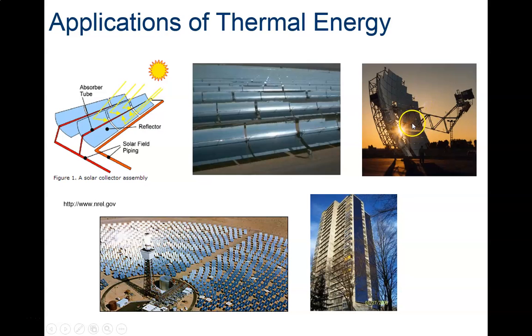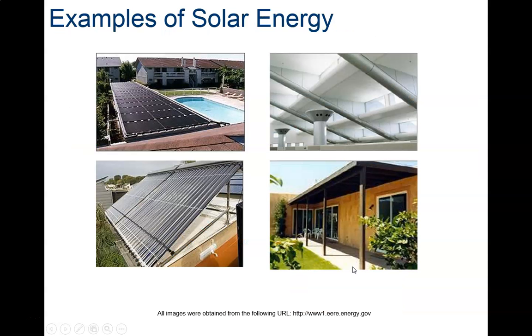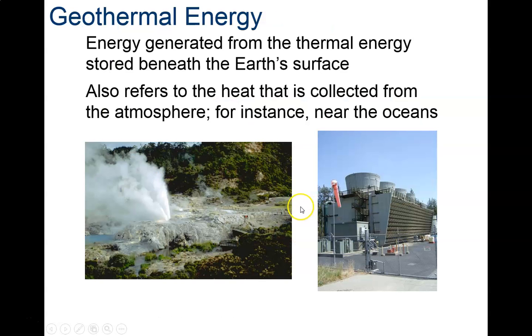This is a solar collector as well. No idea what this is, other than a skyrise building. Here, I guess they're heating the pool water with sunlight. Don't know what's going on here or here. Geothermal energy is another way we can grab energy. Not really sure why they're introducing that here.